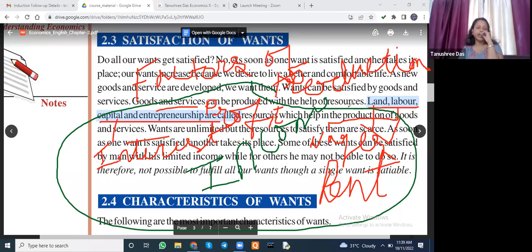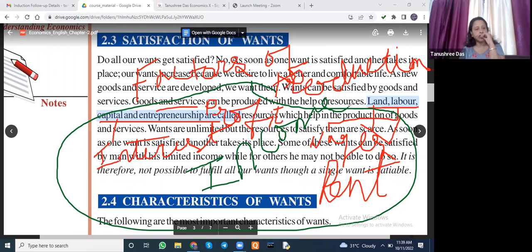So without income, the wants cannot be satisfied. On the other hand, if the producers do not produce goods with the help of factors of production, the wants cannot be satisfied.